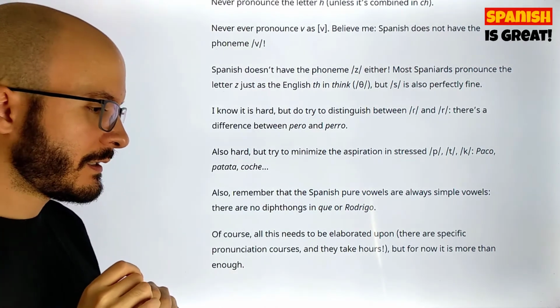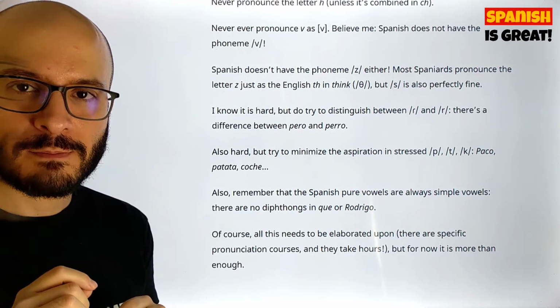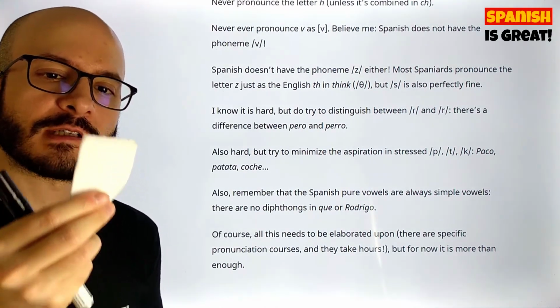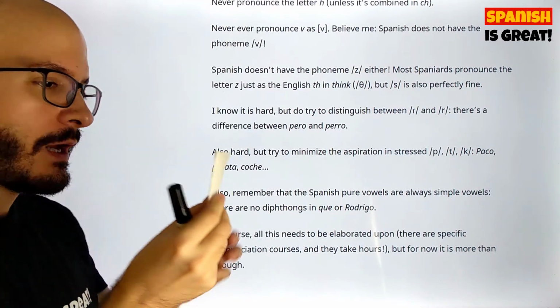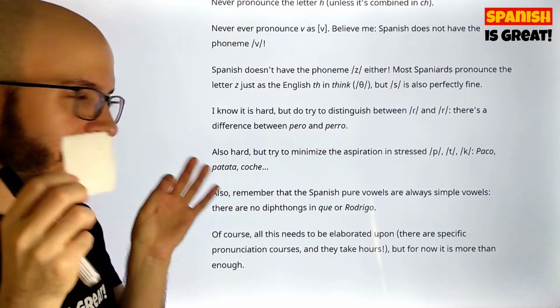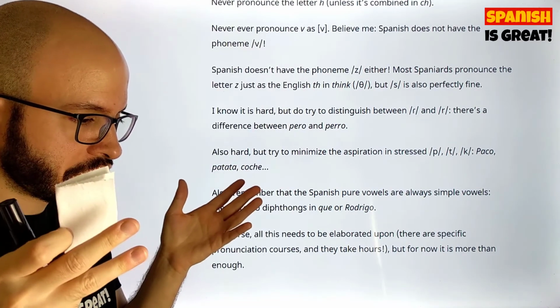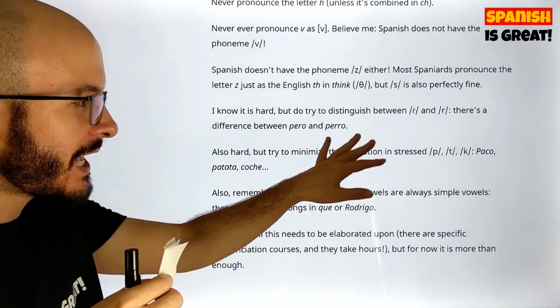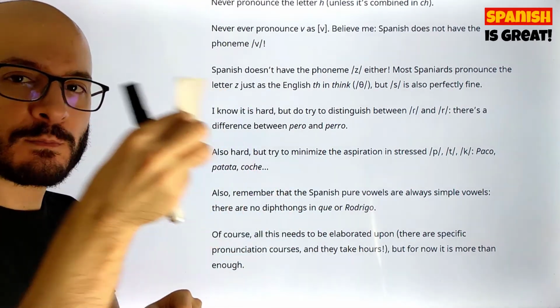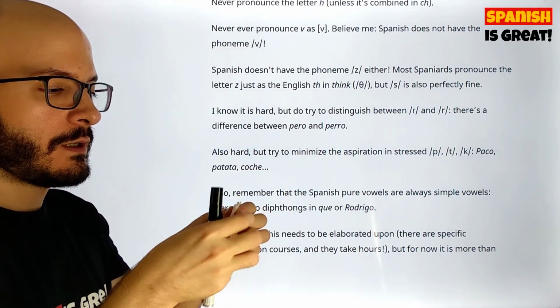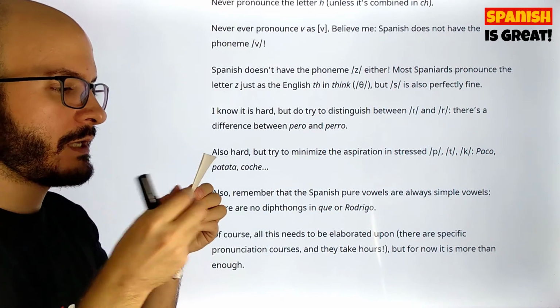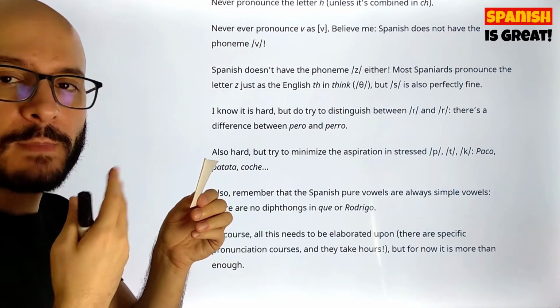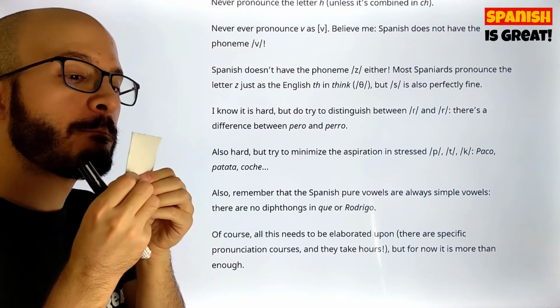And actually, right now I don't have any paper. Now I do have some toilet paper here, and a very decent exercise to see how much we aspirate is to just put a piece of paper just here, at this distance from your mouth, and then say Paco.